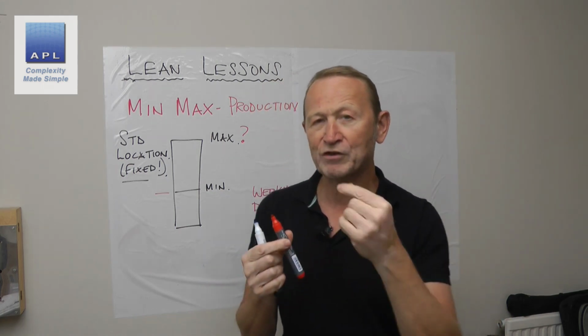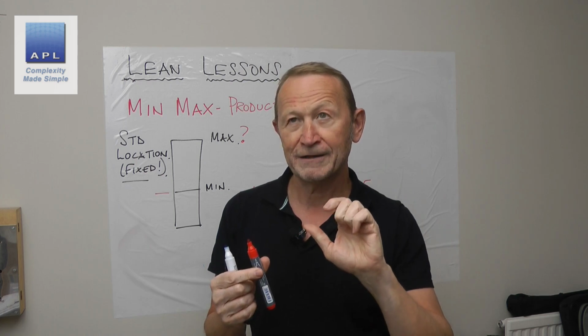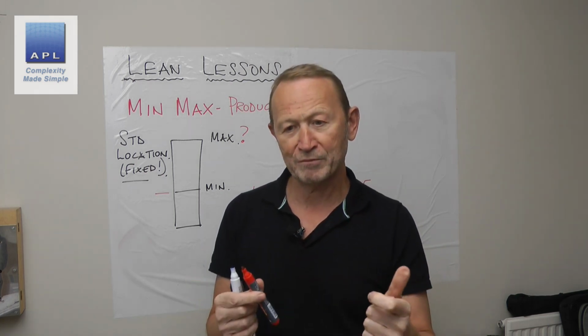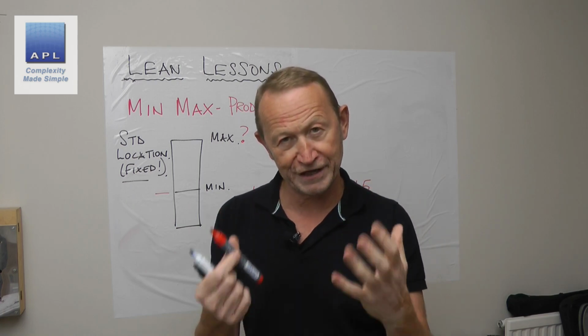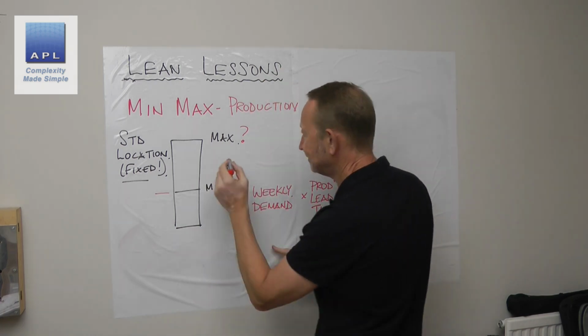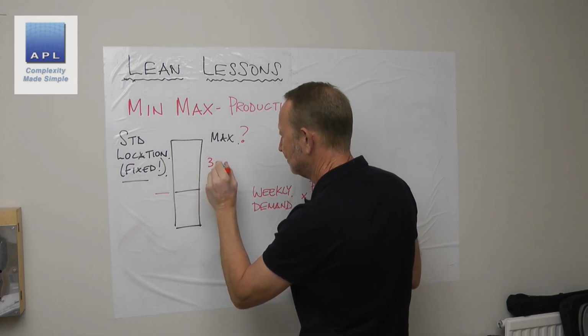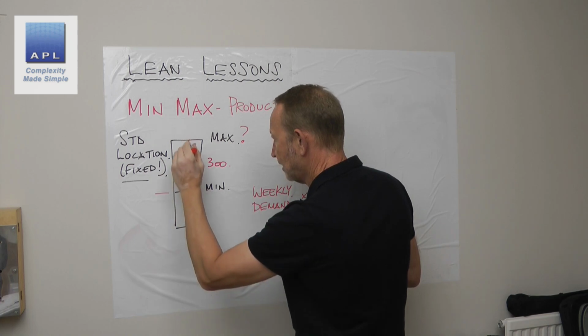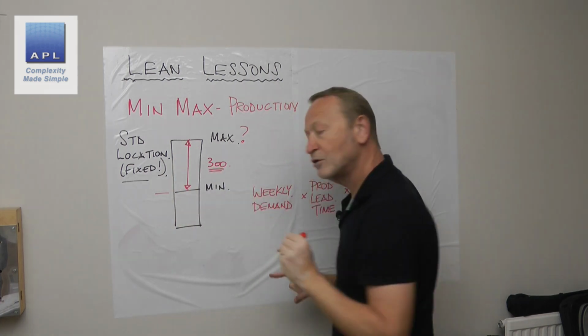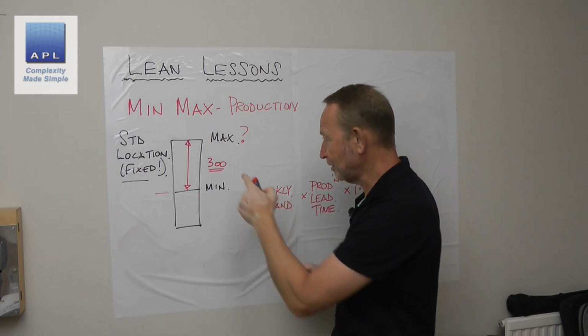So now we've got this situation where the production department say the minimum batch size we can accept for this item is, and I'm going to go 300. This quantity here will be 300.